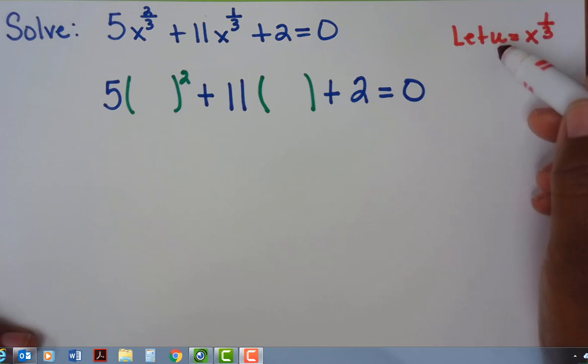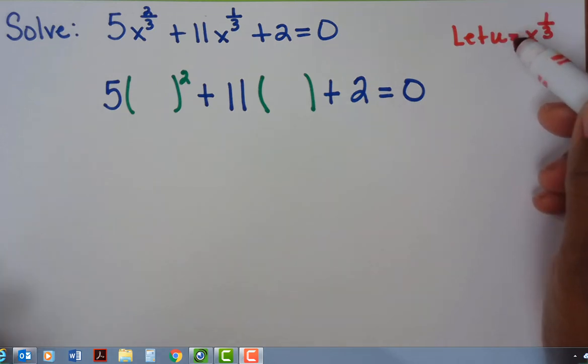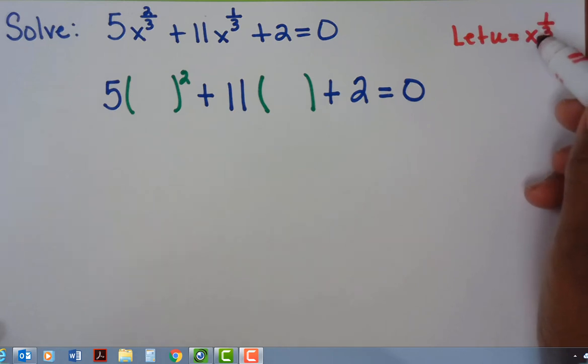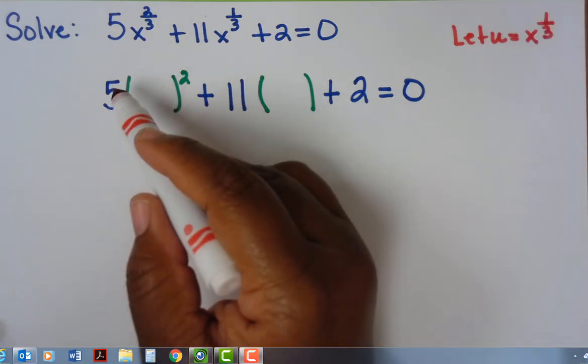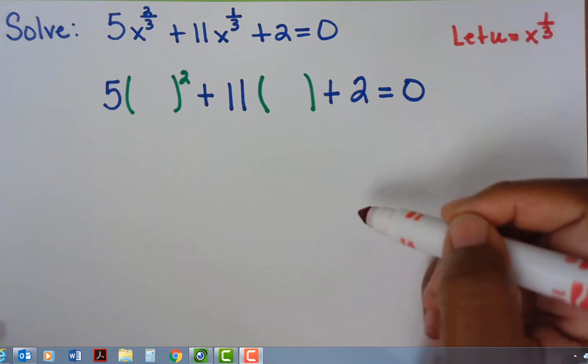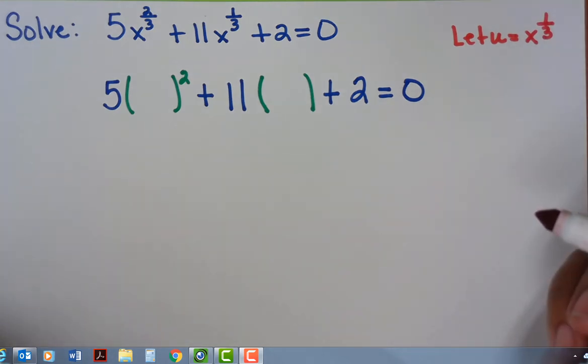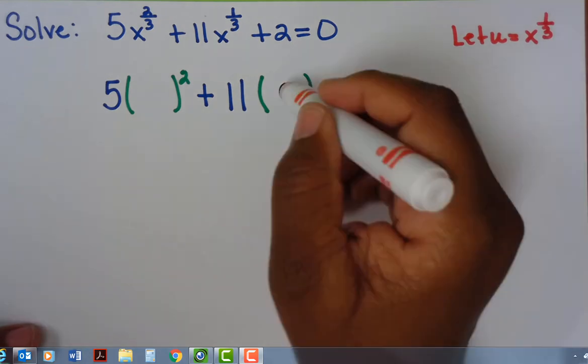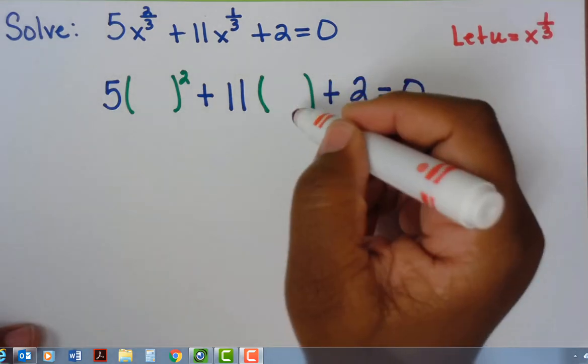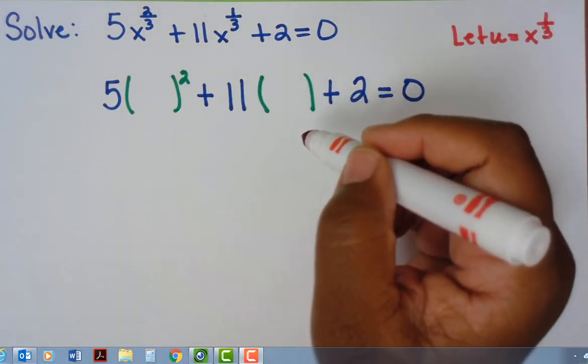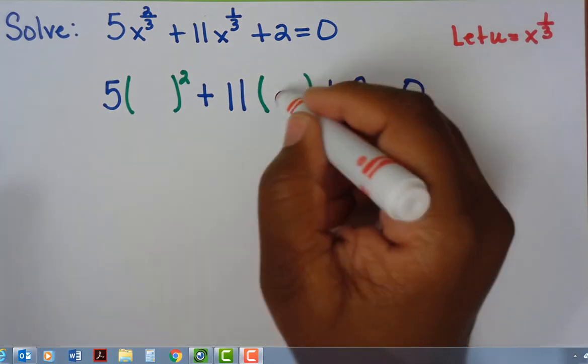It can be t, it can be a, it can be d, it can be m, but let it be another variable other than x, because we already have x in the original equation. So we're going to substitute. Let's go ahead and put in our x^(1/3) here.